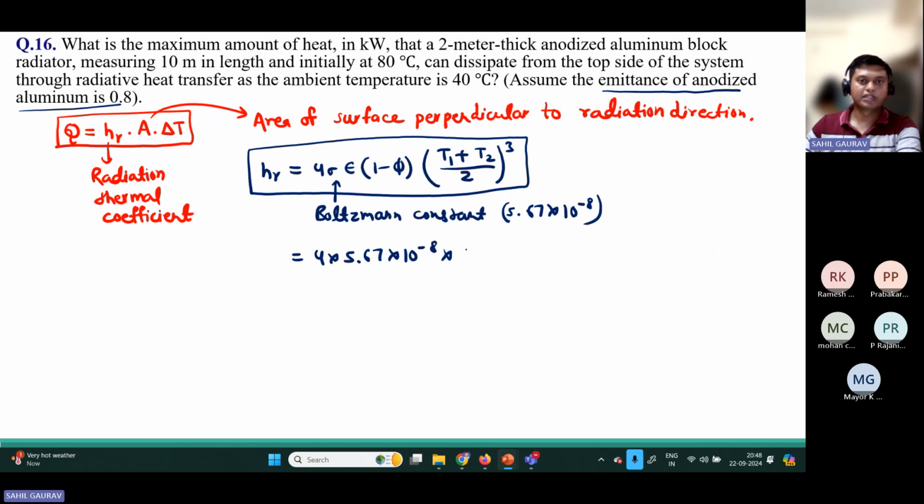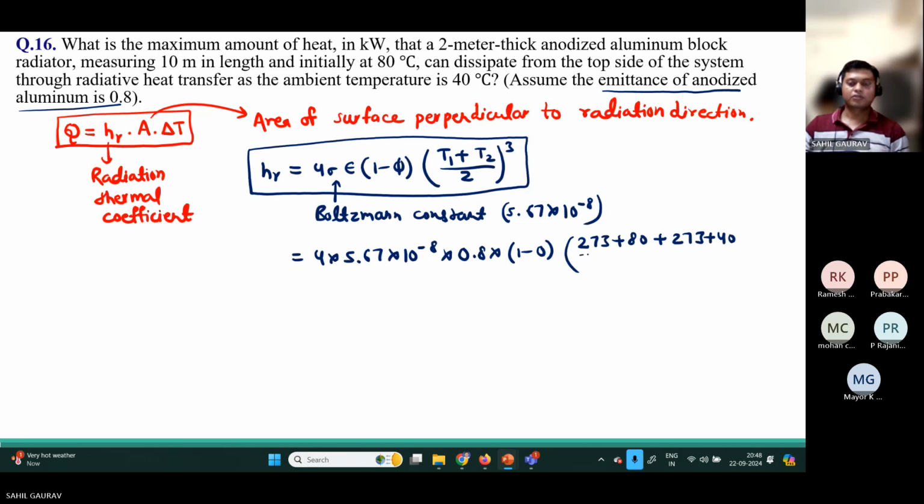Since this is a single parallel plate system, phi will be 0, so it will be 1 minus 0. And T1 is 273 plus 80, and T2 is 273 plus 40, upon 2, to the power 3.